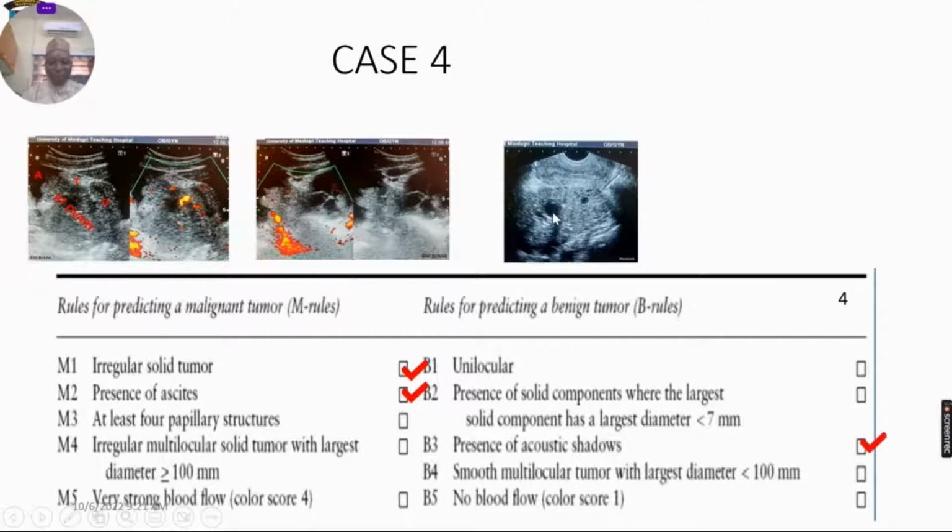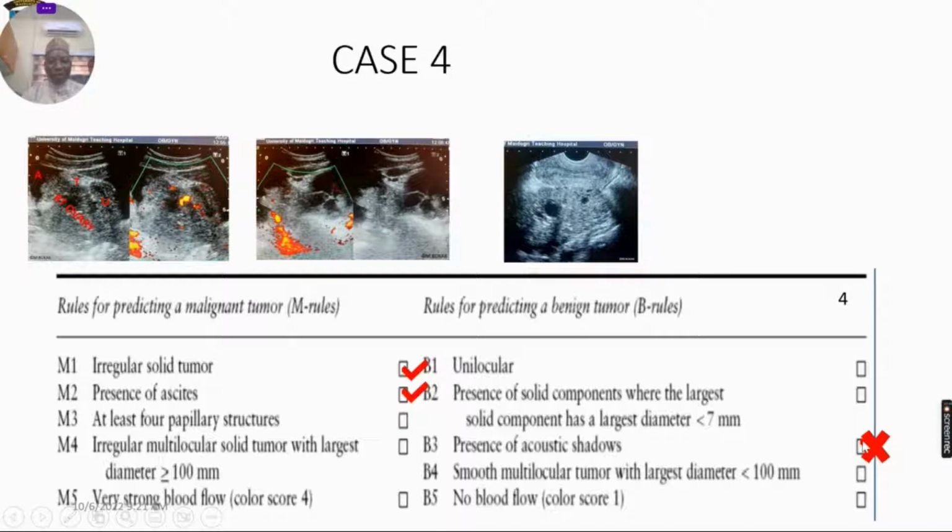So, is there acoustic shadow? No, there is no acoustic shadow because this is edge shadowing from a cyst within the solid component of the tumor. Now, if you take acoustic shadow as being present, that means this lesion is inconclusive because there will be both M rules and B rules.